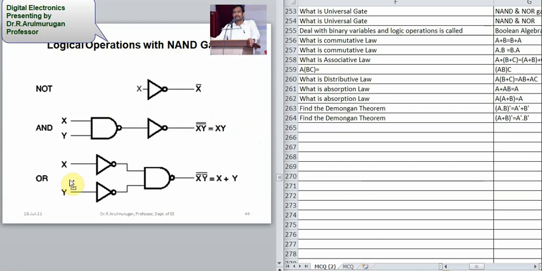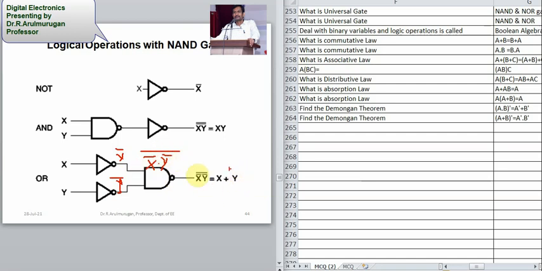Now go to the next one. You can look at this one. x is the input and y is the input. What is the output? x bar, y bar. First do the AND: x bar into y bar. Then the NOT, so full bar, and the bar is cancelled.